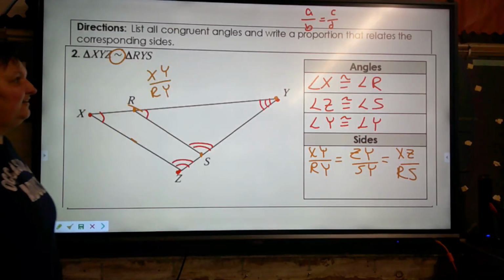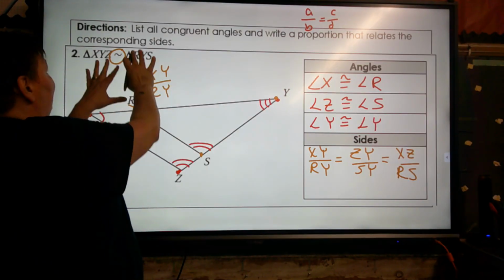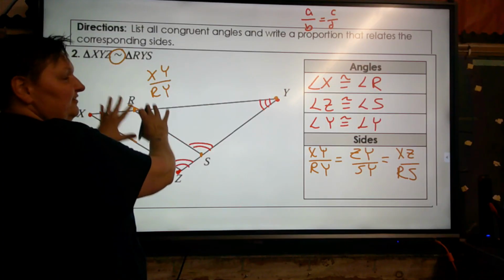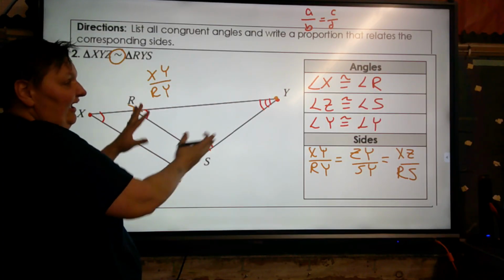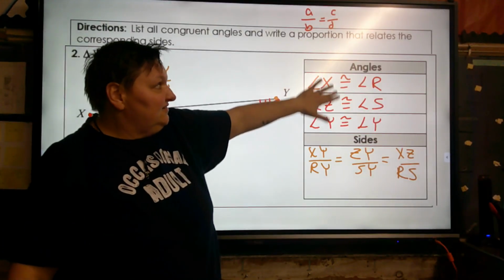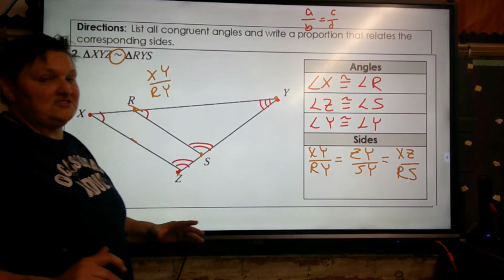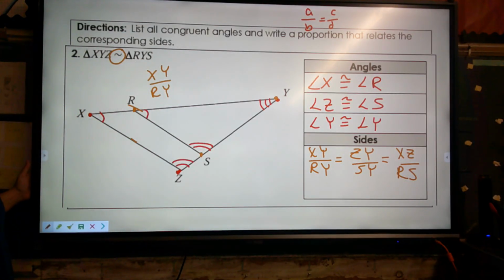That's it. All it wants you to do is recognize that because they're similar, the angles are congruent and the sides are proportional. Congruent, proportional. Literally, that's all it wants you to do is recognize that they are the same shape, just a different size.